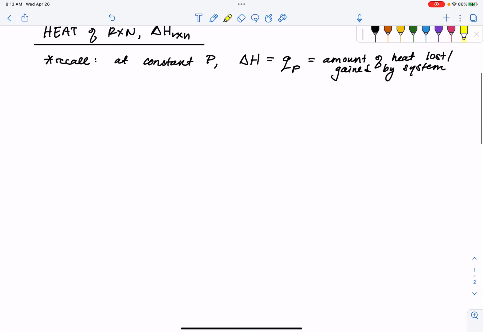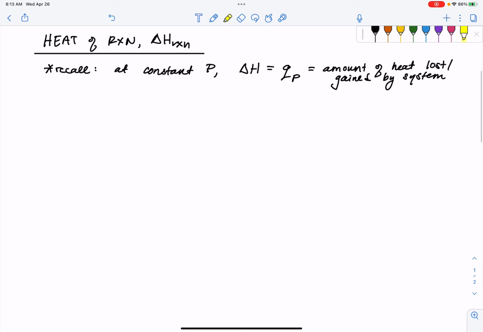So to remind ourselves about why we are using this language of heat and enthalpy interchangeably, remember, as long as we are at constant pressure, the mathematical definitions of total internal energy and enthalpy allow us to say that the enthalpy change of some process is equal to the heat that is either lost or gained by our system.